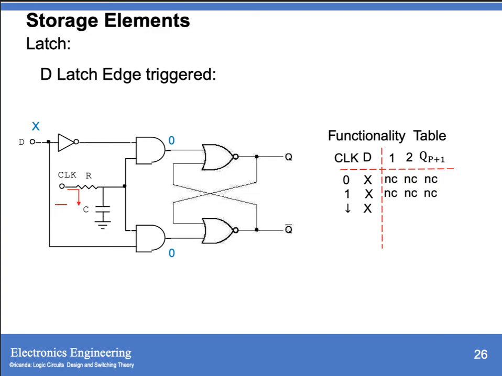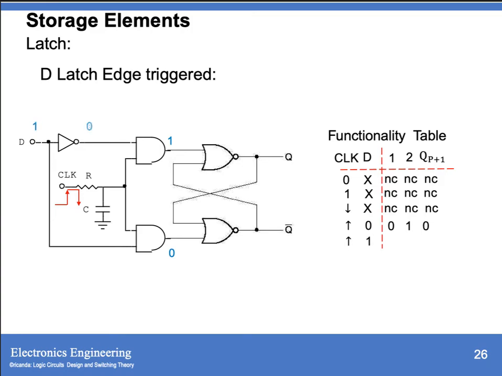If your clock is going down, your input is either 0 or 1. The output of your 2 AND gates are all 0, so there is no change for your NOR. And if your clock is going up and your D is 0, the output of your first AND gate will generate a 1. If it is equal to 1, then the first NOR will generate an output of 0, and your second NOR will generate an output of 1.